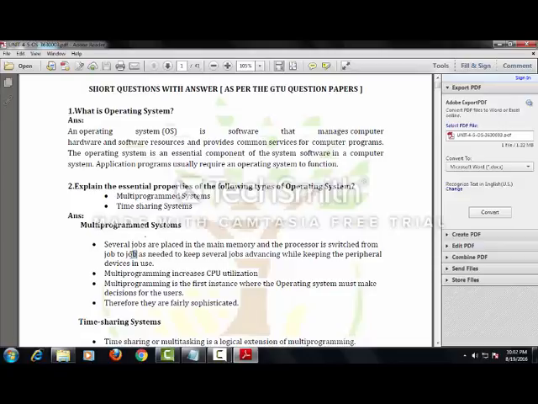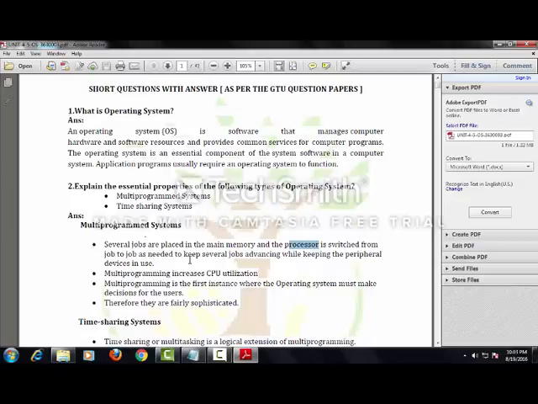Maybe one job uses one peripheral device, another job may use a different peripheral device. So if the user is running several jobs in the main memory, then it is quite possible that every job requires different peripheral devices, and every job needs a processor to execute. So for the execution of every process or job, we need a processor.